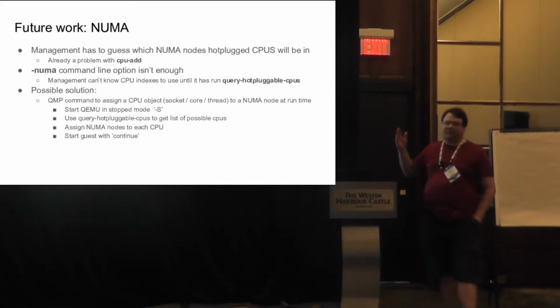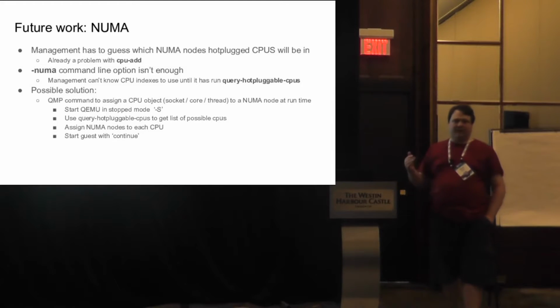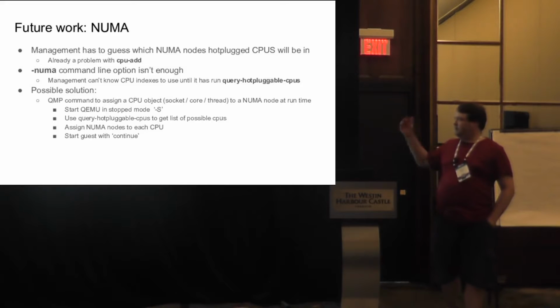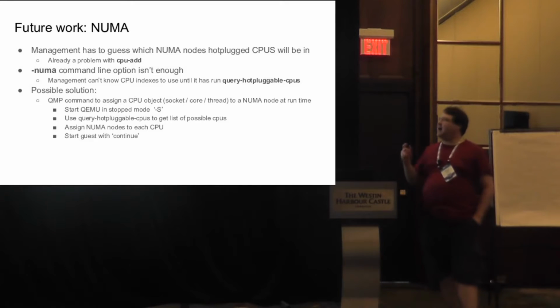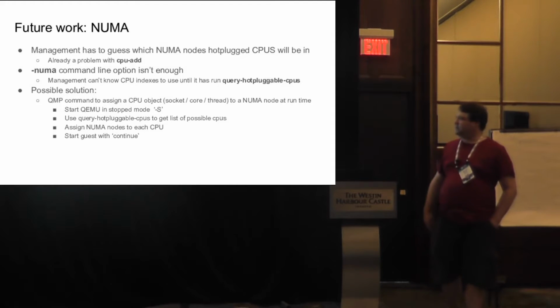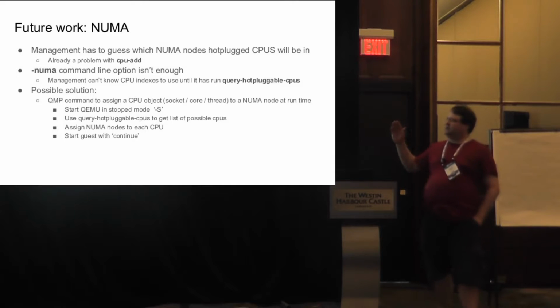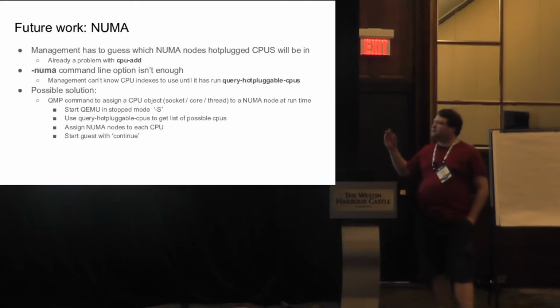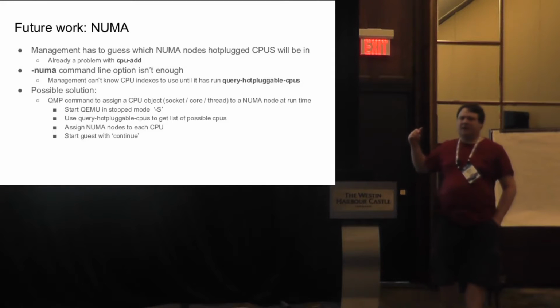And the other problem, of course, is you can't really know what the possible topologies are until you do the query hotpluggable CPUs, and by that time you've already issued the command line, so it's too late to change your NUMA options.